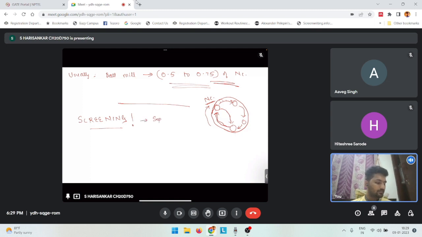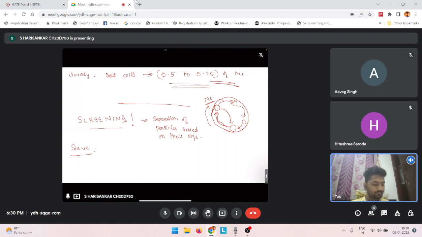Screening is the separation of particles based on their size, right? One of the most used lab equipment for screening is something called a sieving machine, or it is also called a sieve.